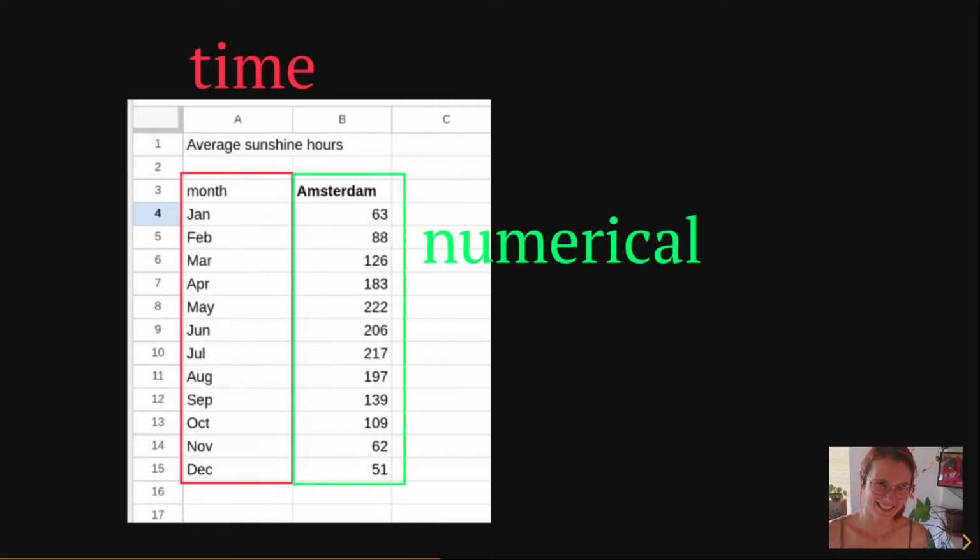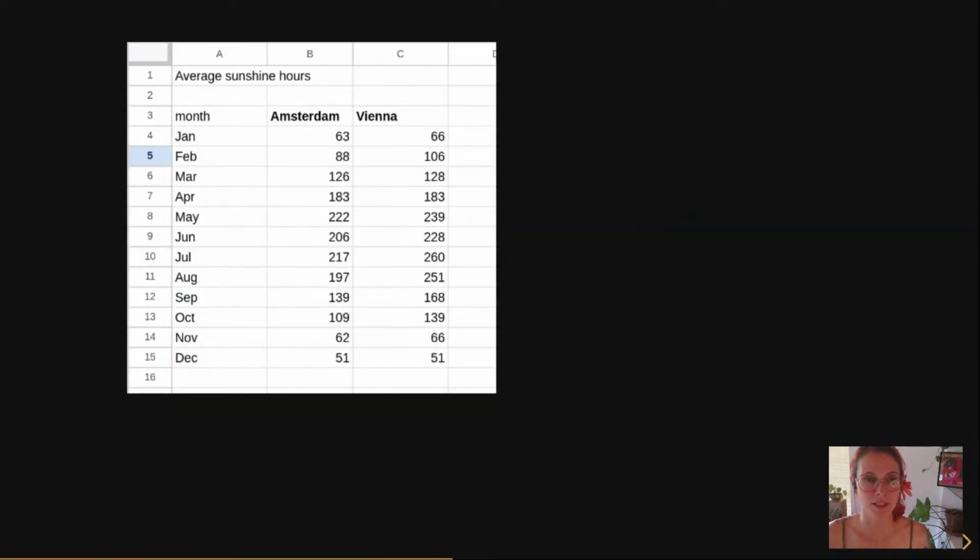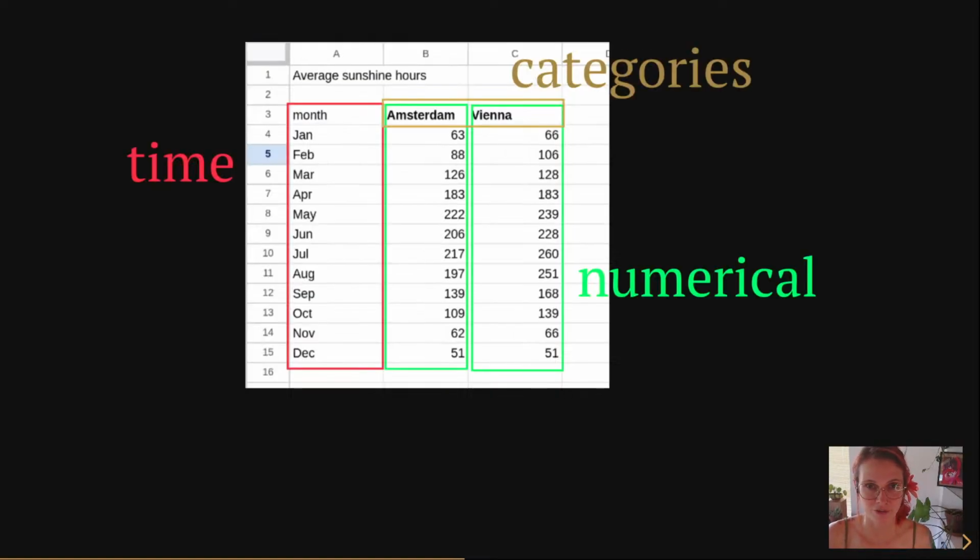This data set has two variables. One of them is time, another of them is numerical. Easy. If you look at the data set when we add Vienna, here we have three different variables, which are the time, the numerical, and the categories. So these are our data types.